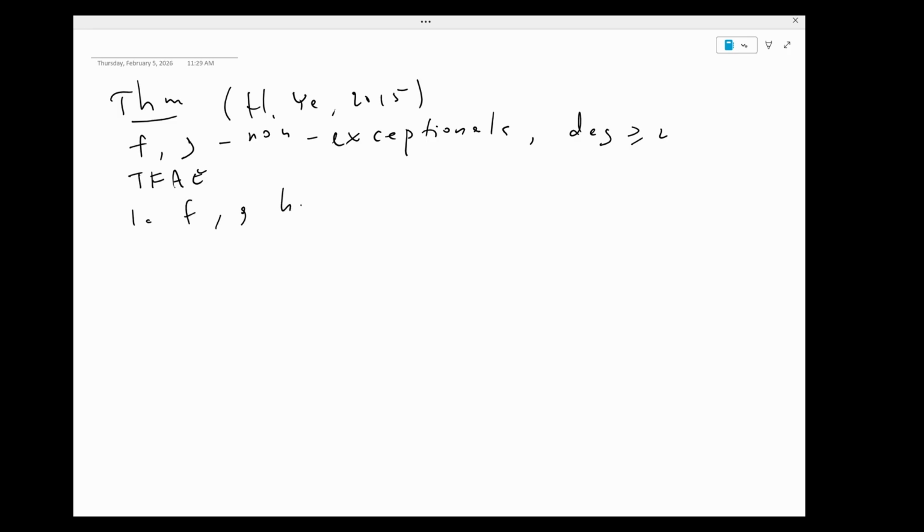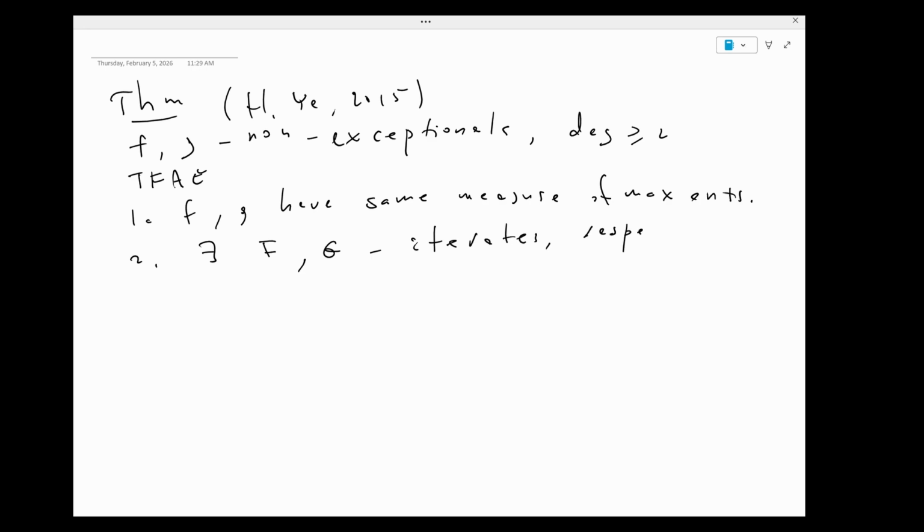They have the same measure of maximal entropy, and there exist capital F and capital G, these are iterates, respective iterates, such that F∘G equals F² and G∘F equals G².